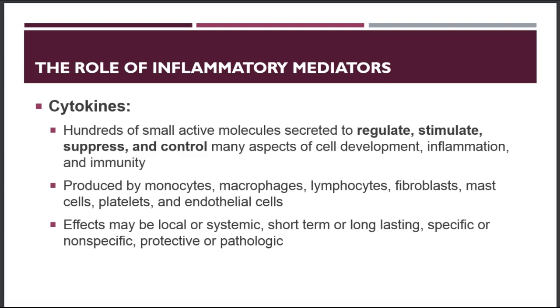They are produced by a number of different cells, so monocytes, macrophages, lymphocytes, fibroblasts, mast cells, platelets, and endothelial cells all produce different cytokines depending on the function of that chemical. And as we mentioned before, the effects can be local or systemic. They can be short-term or long-lasting, specific or non-specific, protective or pathologic.